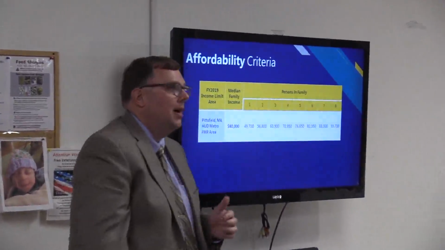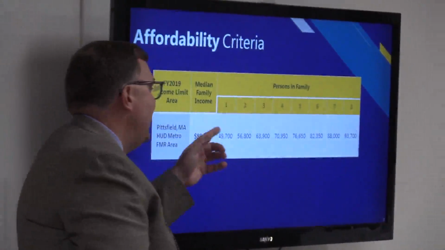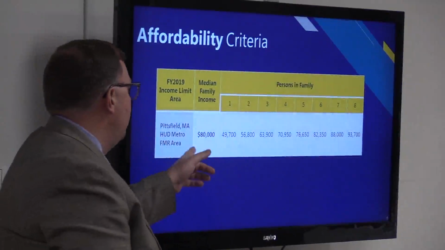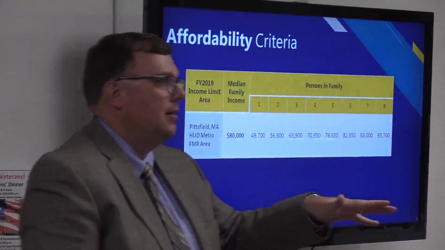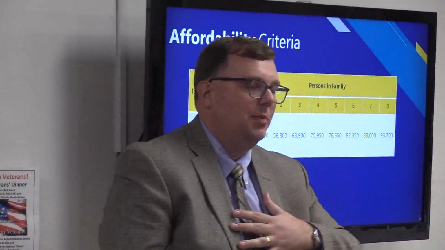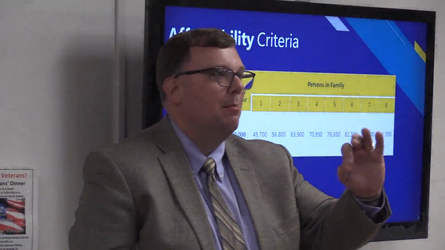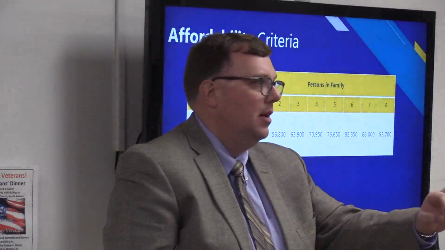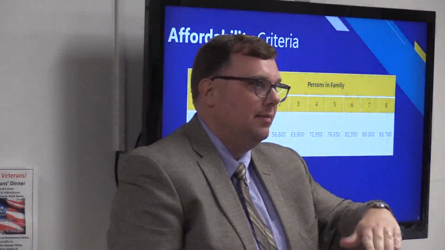So what are we talking about in nuts and bolts? The area median income, or AMI, is based on the Pittsfield, Massachusetts metropolitan area. So let me be clear, because this was a point I needed to have explained to me. We are not talking about the town of Adams' median income for our residents. When the state looks at this, the state says region-wise.